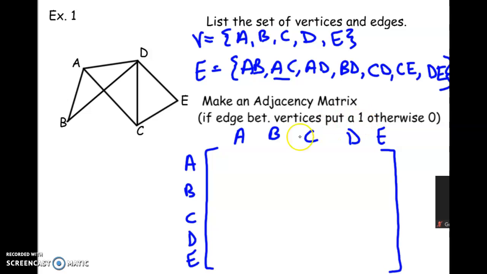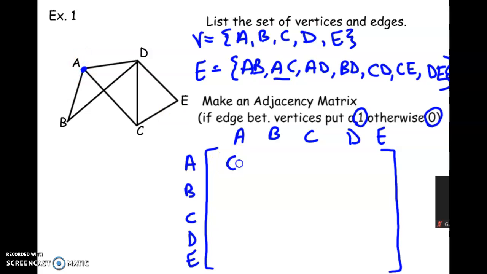What we're going to put in this matrix is a 1 if they were connected and a 0 if they weren't connected. In a little bit, we'll figure out how A could possibly be connected to A. It actually can, but we're not going to do that one quite yet.